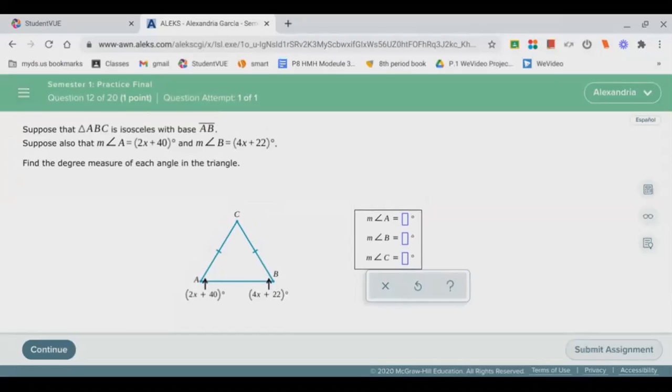Let me copy it real quick. You can go ahead and stop sharing, and I will share mine.